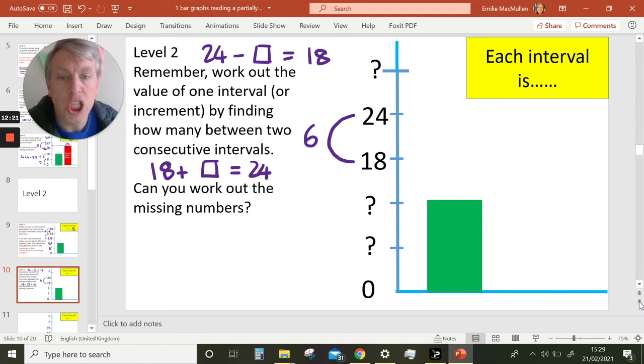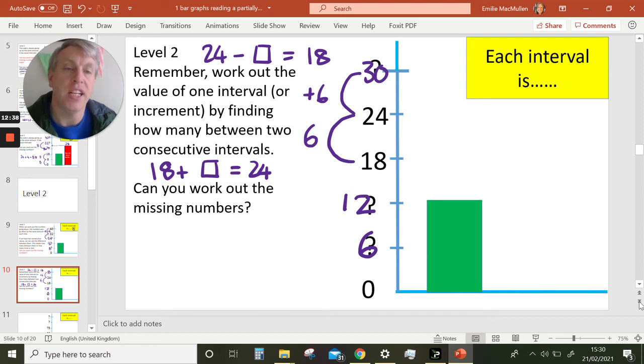So that must mean that each time going up we're counting on 6, 24, okay, so 6, and going down we're taking away 6, 12, 6, each interval is worth 6.